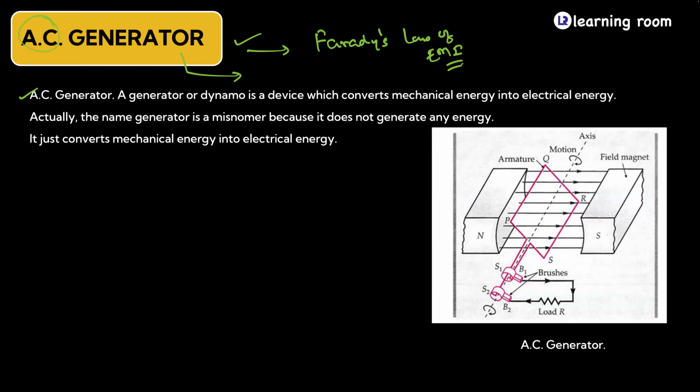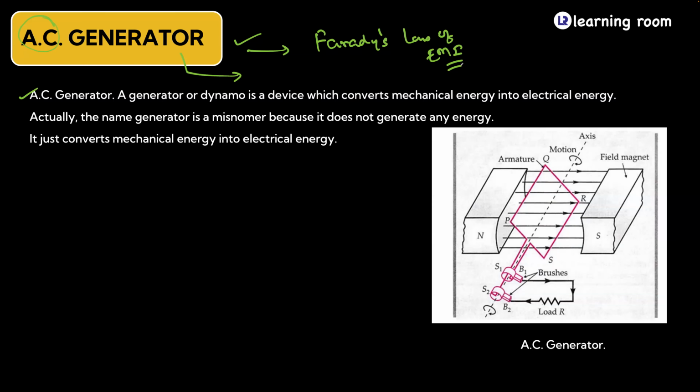right? What should happen? See, logically, you tell me, if you want a device to generate EMF, will you connect it across any other source of EMF? Obviously, no, right? You cannot give an electrical input and take an electrical output. That doesn't make sense, right?